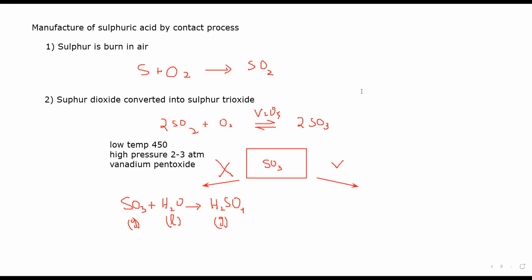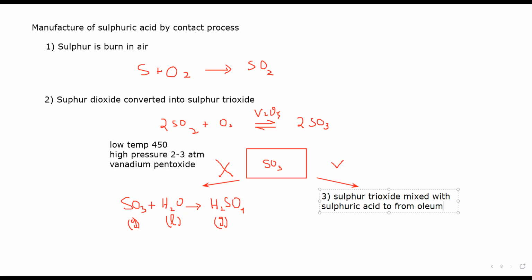In this one, first we mix sulfur trioxide with sulfuric acid to form oleum.